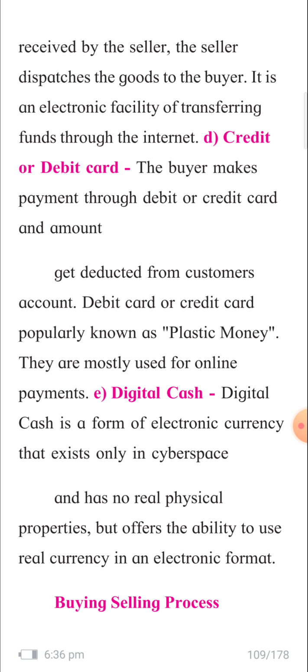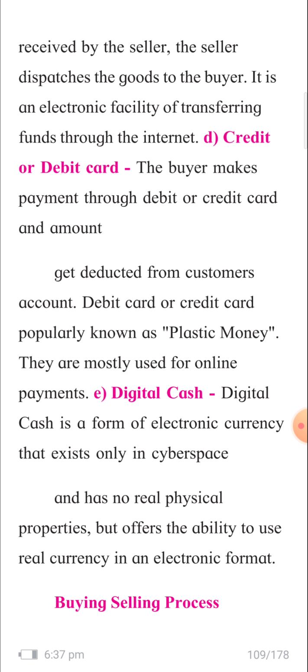Now the next is debit card or credit card. Everyone has these, both credit cards and debit cards, which are also given by the bank, and some other different facilities are available for both these types of cards. So we can use these cards for buying anything online, and for online payments.